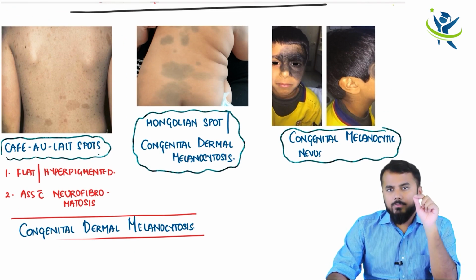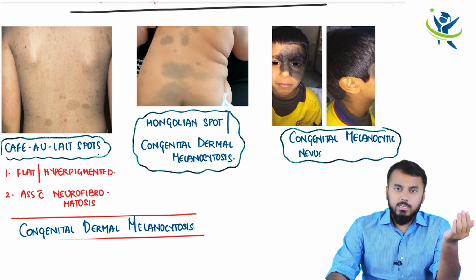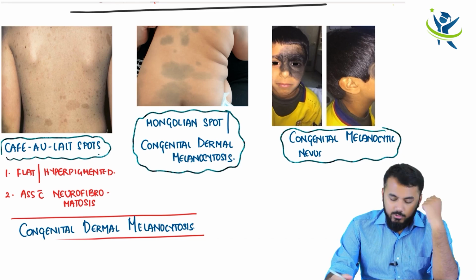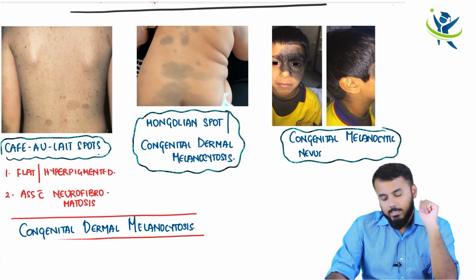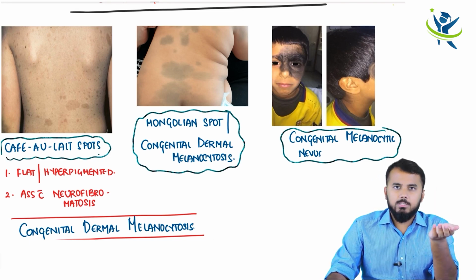First thing is we have got melanocytes, right? So, if there is hyperactivity of the melanocytes, congenital melanocytic nevus is going to be seen in children, right? As you can see, a black color patch over there. This black color patch is nothing but proliferation of the melanocytes.